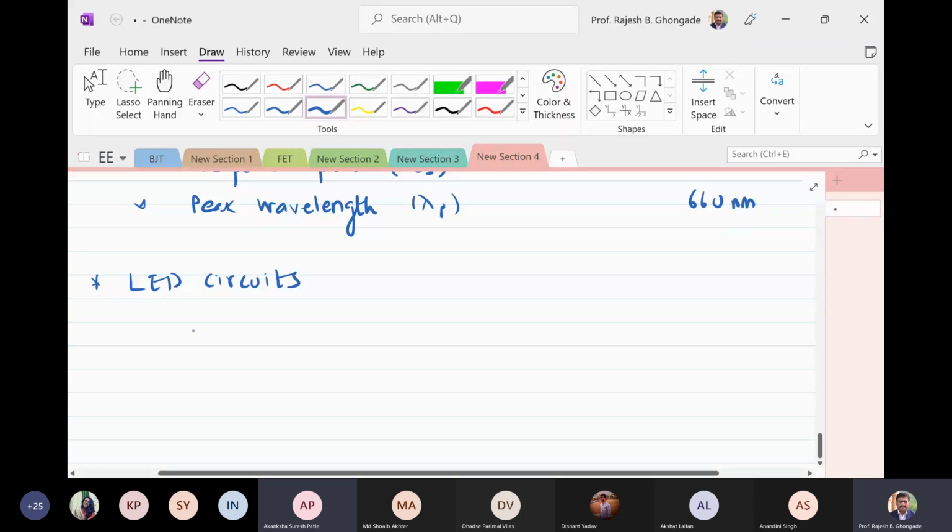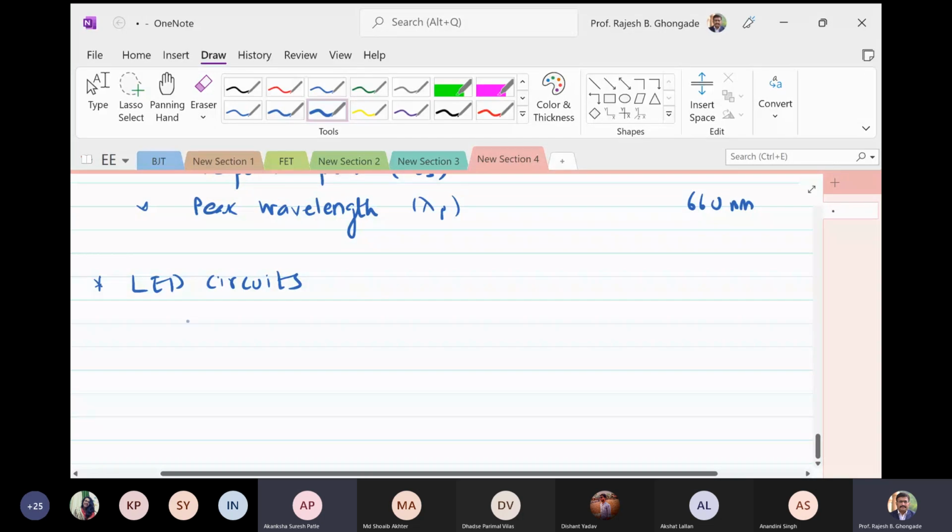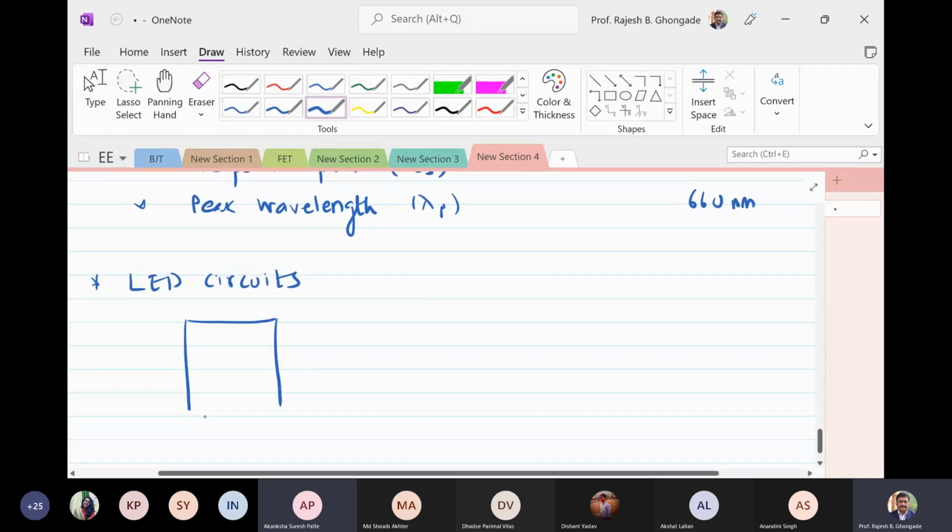Let us say you want to simply switch on an LED using a switch.